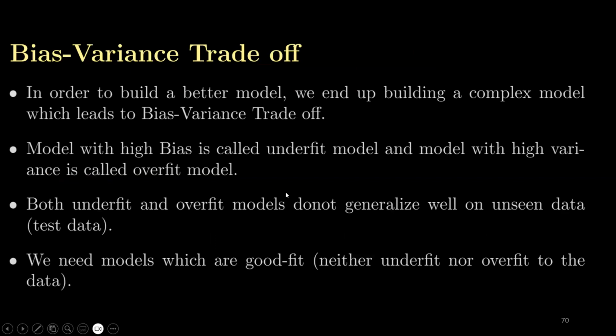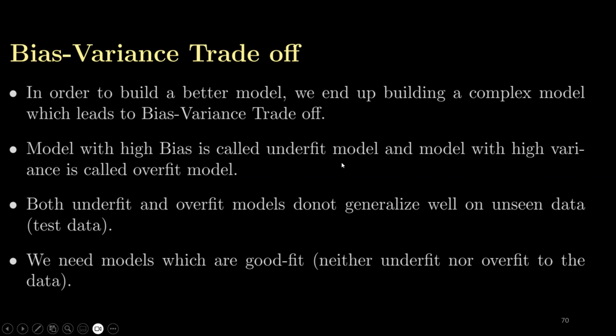So what is then the bias variance trade-off? In order to build a better model, we end up building a complex model, which leads to the bias variance trade-off. A model with high bias is called an underfit model. So here comes the definition of an underfit model. If a model has high bias, it is called an underfit model. And if a model has high variance, it is called an overfit model.